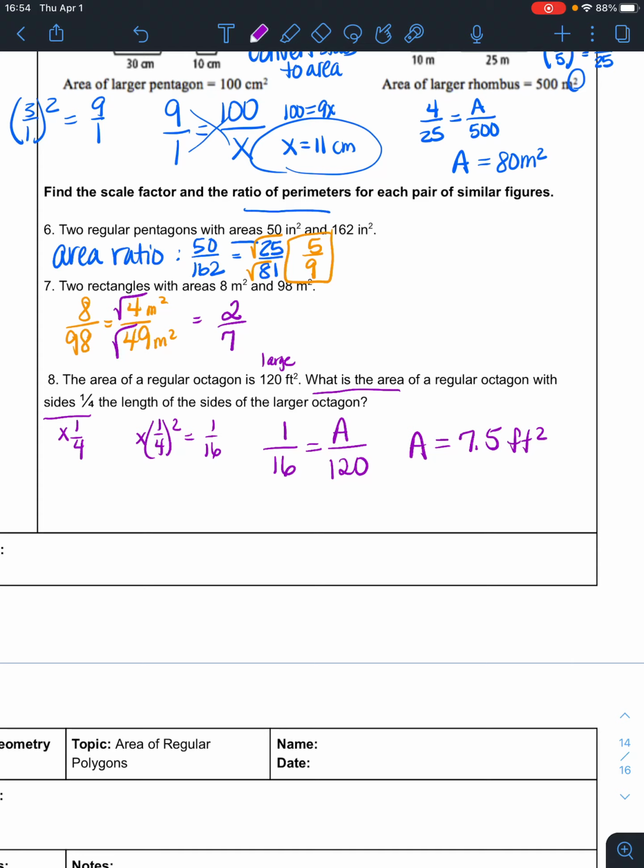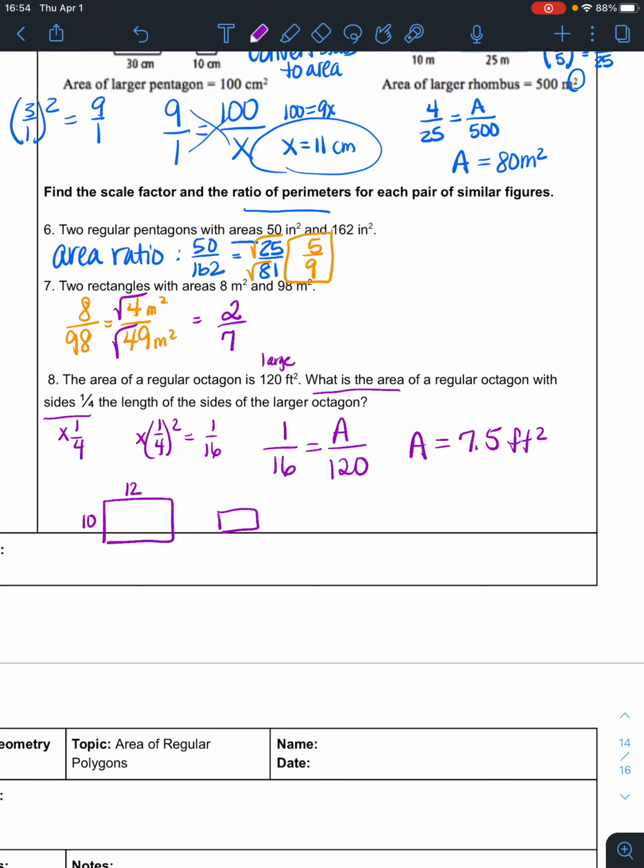Now, say, for instance, notice that I don't even care that it's an octagon. It doesn't even matter. I didn't even look at the shape. So let's just say, for instance, you get stuck. So let's say we have a rectangle, and it has an area of 120. Well, I can make up some numbers. 10 times 12 is 120.